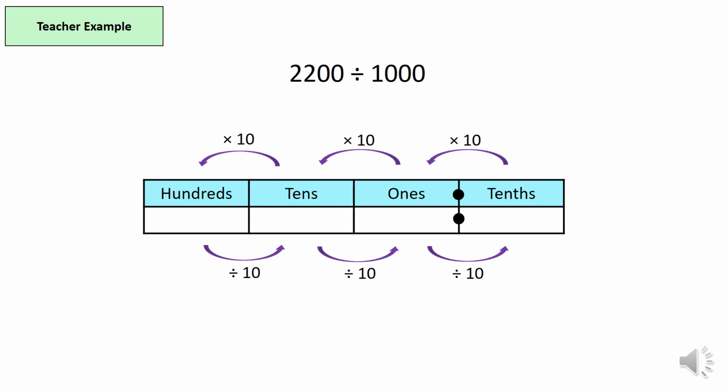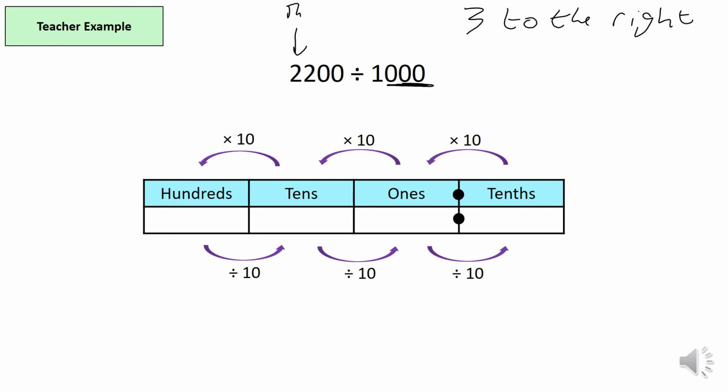Okay, our last example is where we're dividing by 1,000. Again, because we are dividing by 1,000 with 3 zeros, everything is going to shift 3 to the right. Now we have something slightly different. We have a thousands column.